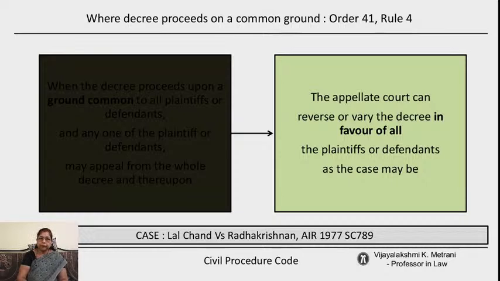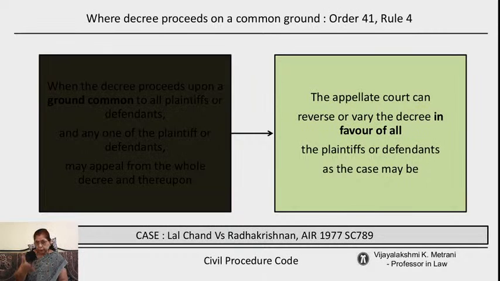Later on, some plaintiffs did not go for an appeal, only one lady goes for an appeal, and then this Lalchand, against whom the decree was actually passed, dies while the appeal is pending, and his legal representatives are brought on record and they go further in the appeal. In that case, the court pronounces judgment in favor of all the plaintiffs who were there.